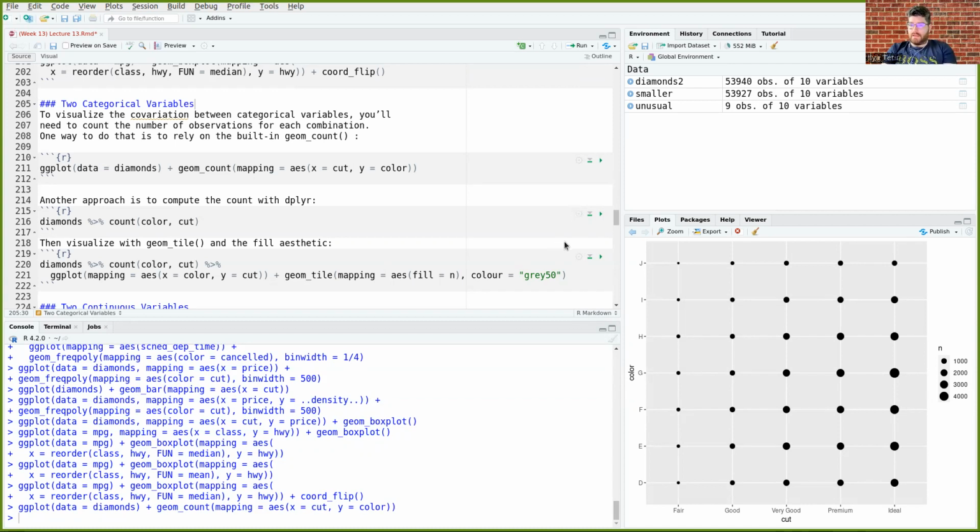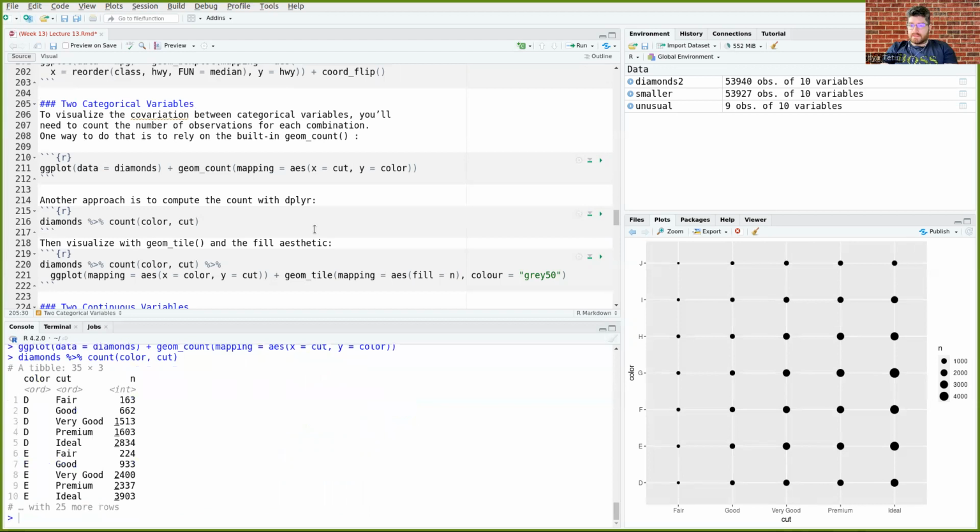And we can see that the majority of diamonds have this G color, and these are the majority of the ideal cut of these diamonds. So it's a pretty neat way to get the first look, to visualize what is happening, what are the amounts of diamonds based on the color.